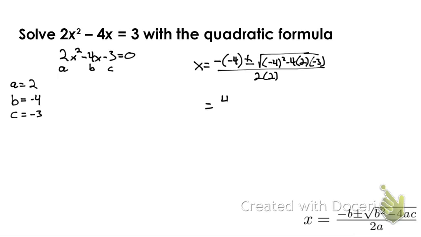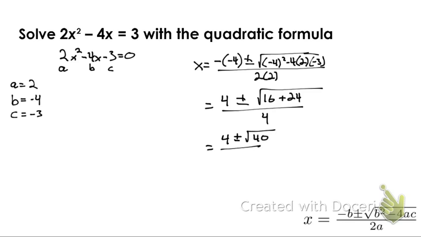We call that our discriminant. So we have the opposite of -4, which is 4. -4 squared is 16, and -4 times 2 times -3, that would be +24, and that's all over 4. 16 plus 24, that's going to be 40 all over 4.